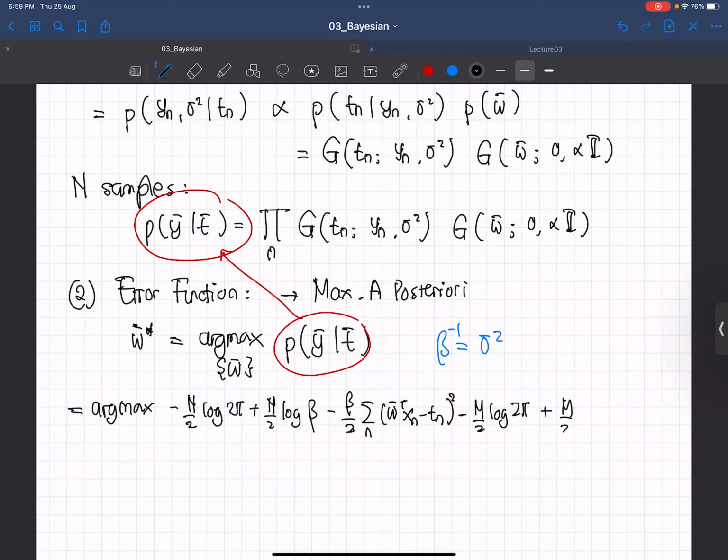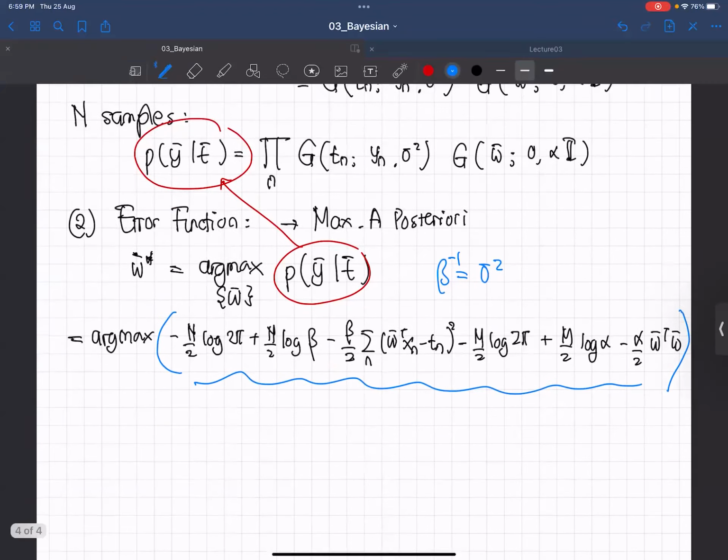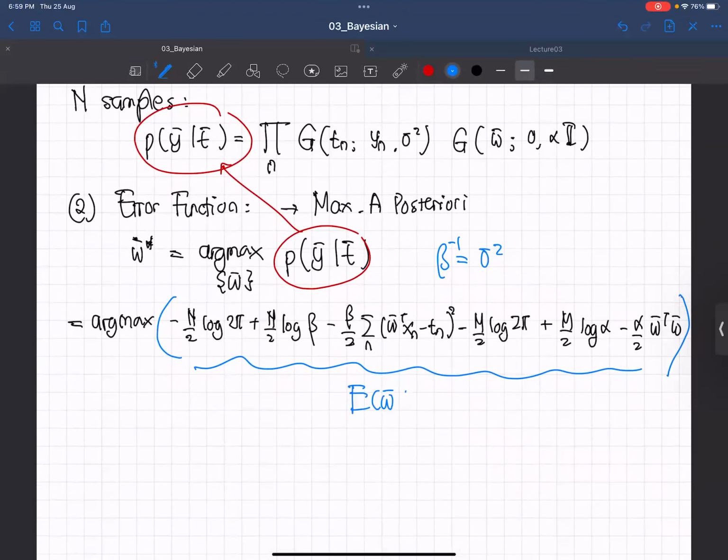Plus m divided by 2 log alpha minus alpha divided by 2 W transpose W. Okay, so that's the whole thing here, which is your E of W, and that's something you have to maximize. If you want to minimize E of W, then you can just put a minus there. Any questions here?